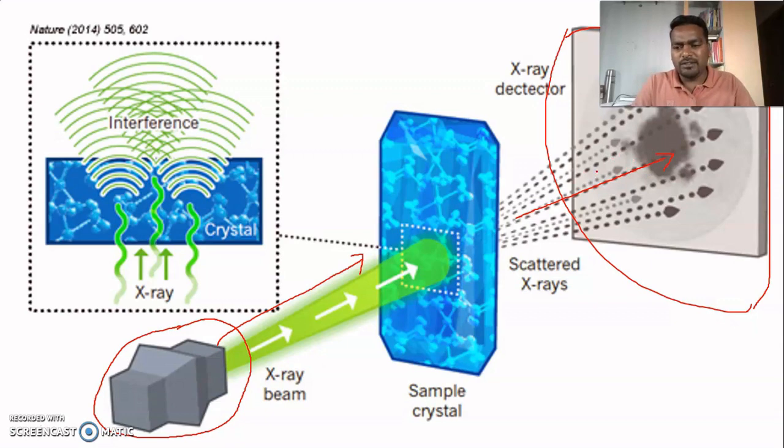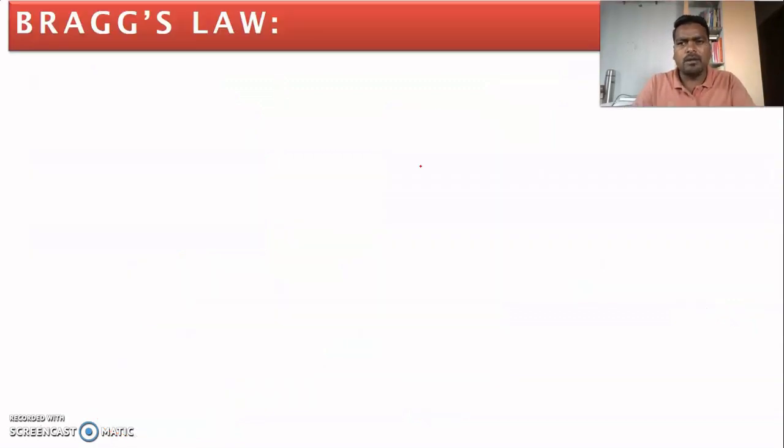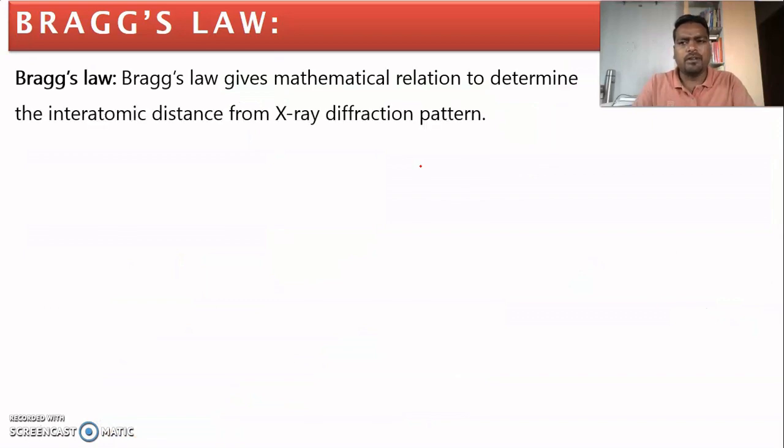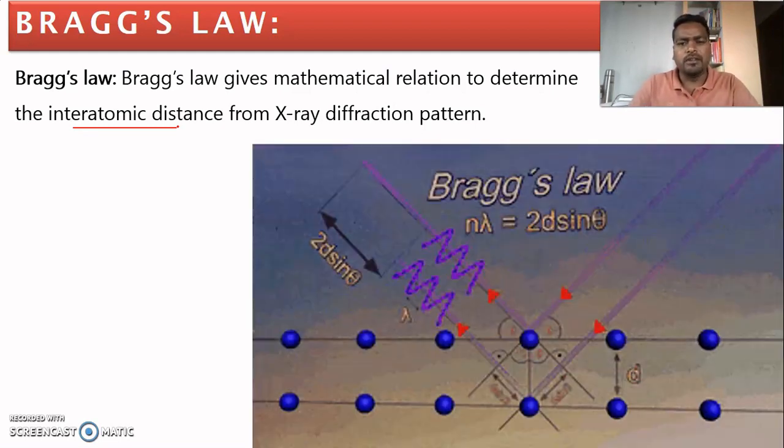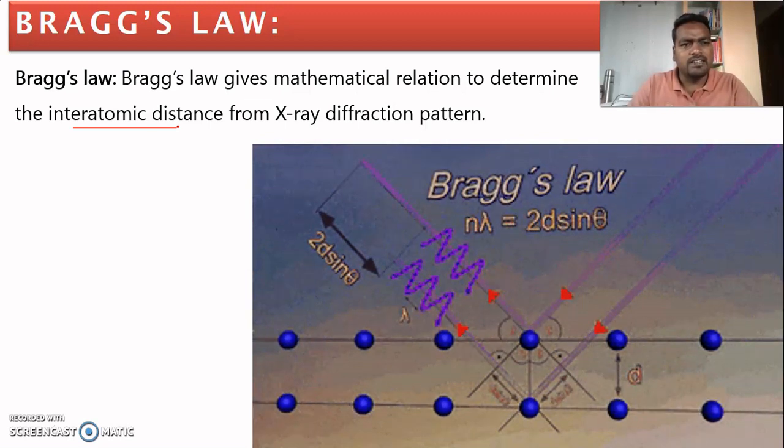Bragg's law mainly gives the mathematical relationship between interatomic distance, interplanar distance, and the diffraction pattern or diffraction angle. Let us consider that a crystal is made of different planes.